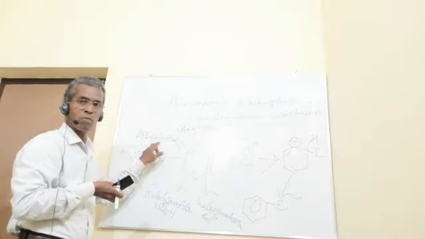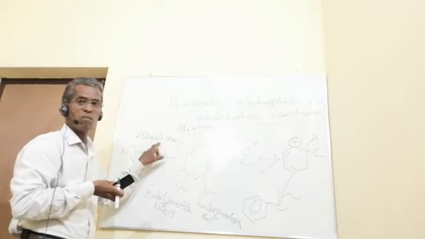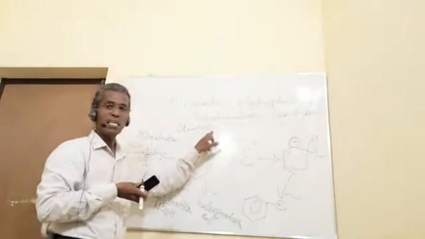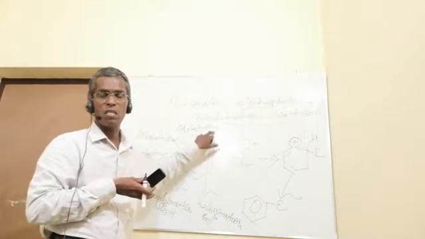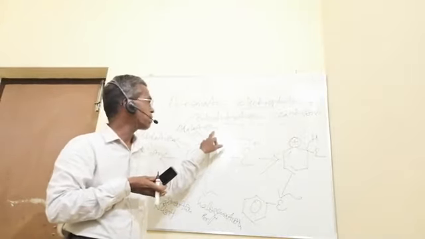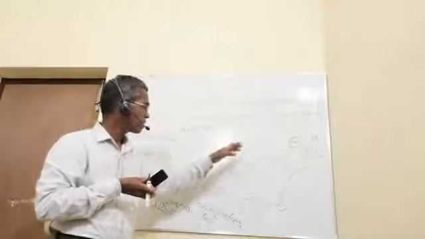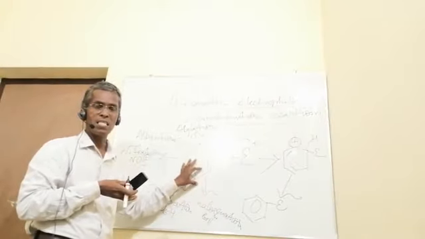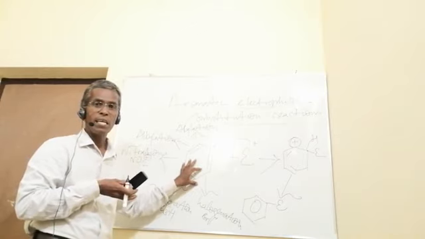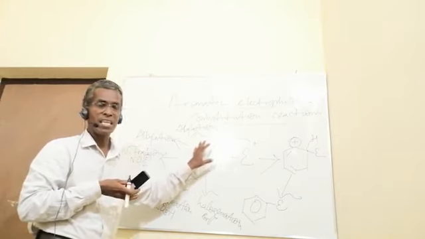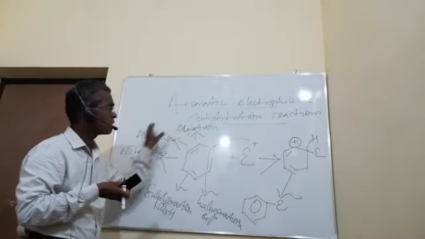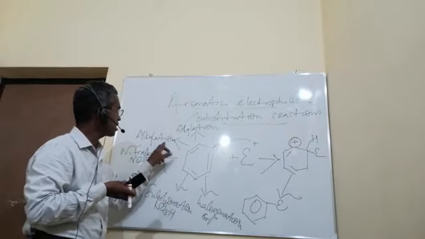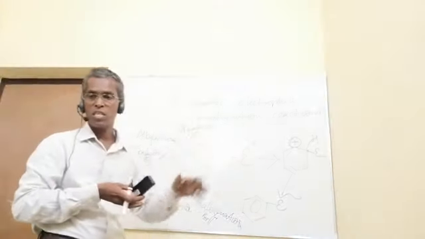If you use an alkyl group to substitute the proton of benzene, that reaction is called alkylation. If, on the other hand, you use an acyl group, the reaction is called acylation. These are the few important reactions as far as benzene is concerned. Usually, benzene undergoes electrophilic substitution reactions in these different ways: halogenation, sulfonation, nitration, alkylation, and acylation.